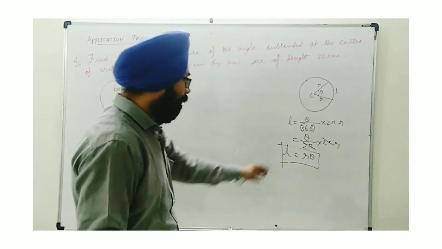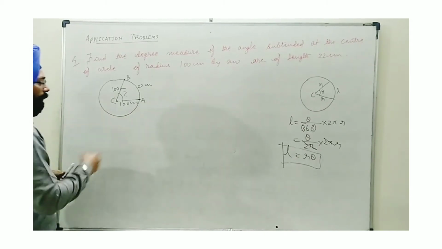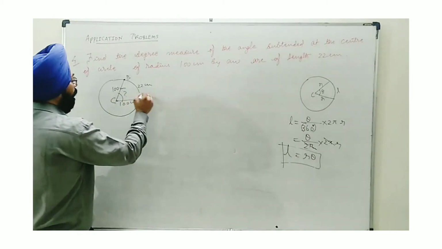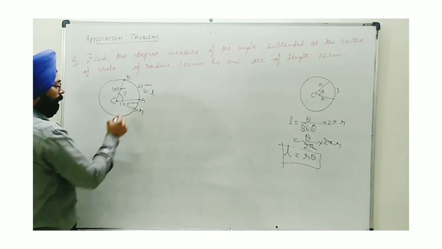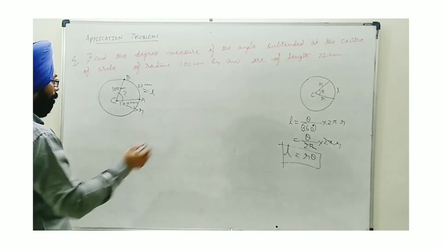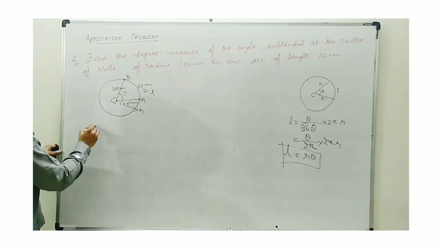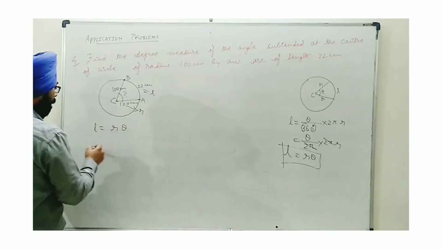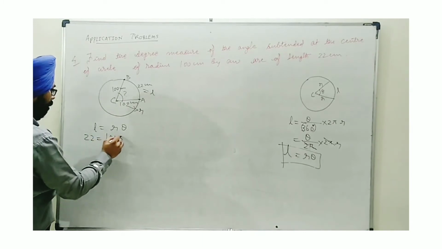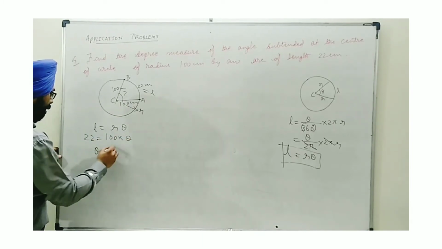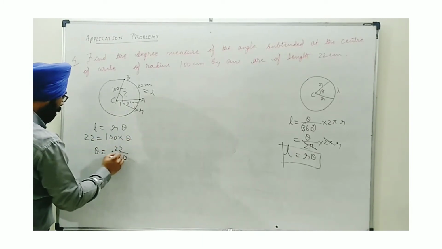So by the way, L equal to r theta we use here. According to the information, we are given L as 22, r is given as 100, we need theta. So if I use L equal to r theta, replacing L by 22, r by 100, theta comes 22 by 100.